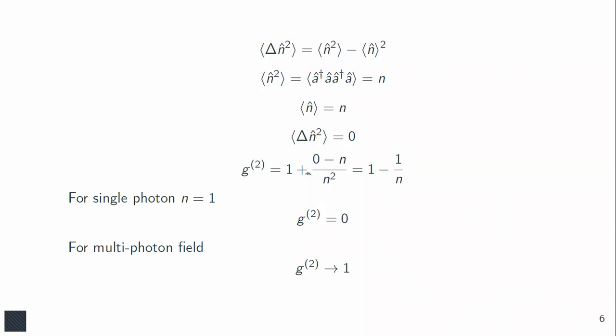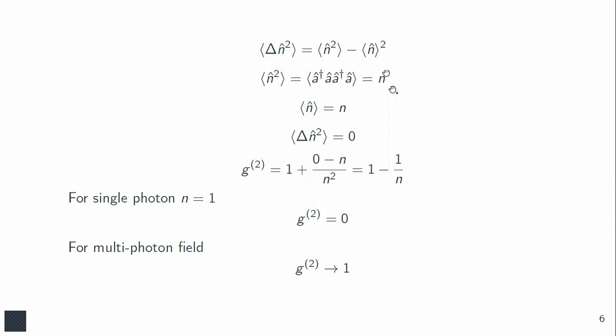We could calculate the average of the number operator squared very easily, and we know that it should have a value equal to n squared. So there is some kind of typing mistake. The average value of the number operator has to be equal to n, sorry. So we get the value 0 for the variance of the number operator.